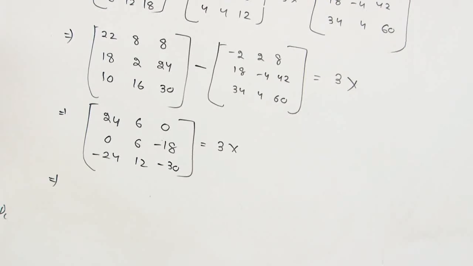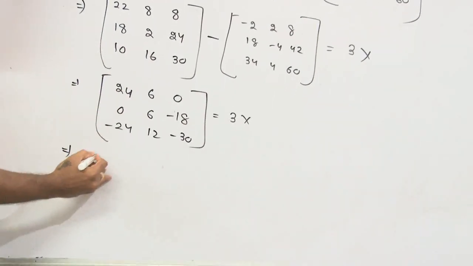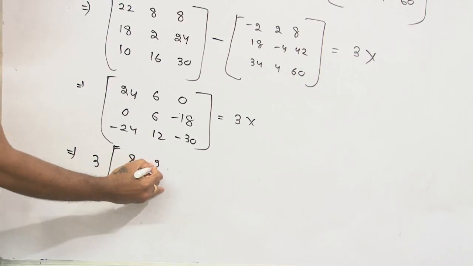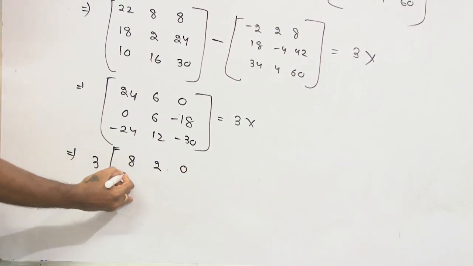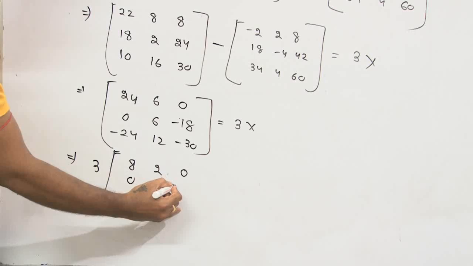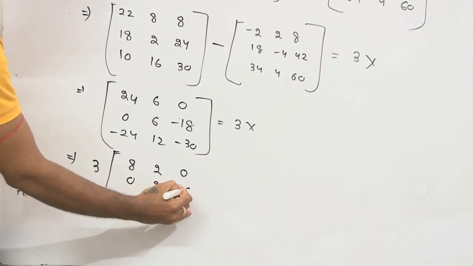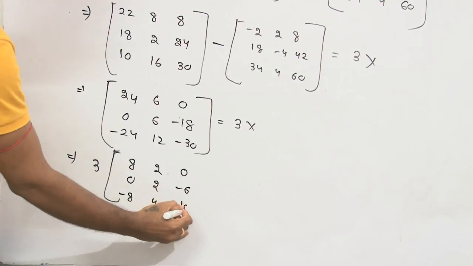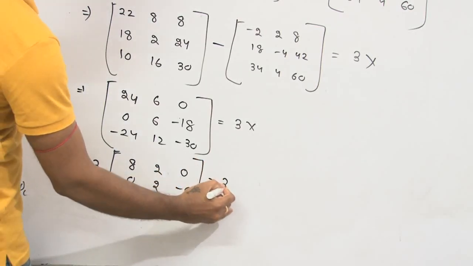Now we take 3 common from every element, so we get 8, 2, 0, 0, 2, minus 6, minus 8, 4, minus 10 is equal to 3X.